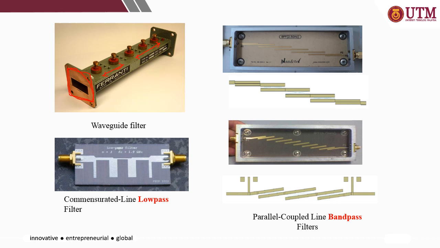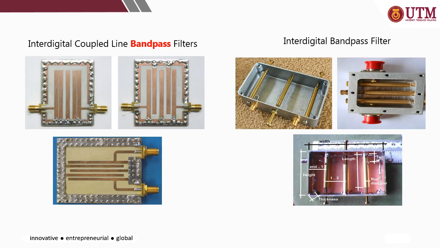Okay, and then the commensurate line low pass filter, and this one is a parallel coupled line band pass filter. So different configurations may affect the performance of the filter, according to the specification given or the intended output the designer wanted to achieve. These are other examples of filter designs.